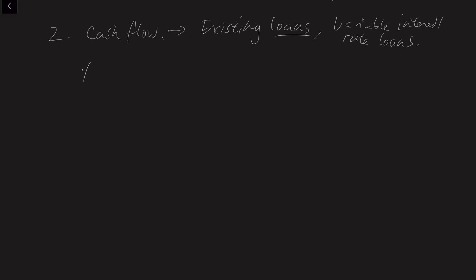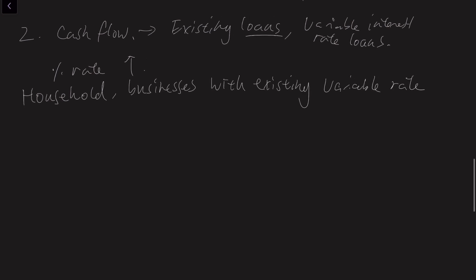The second channel is the cash flow channel. So this is about existing loans, especially variable interest rate loans. So if the interest rate increases, then households and businesses with existing variable rate loans are affected. A fixed rate loan is not affected by the interest rate.